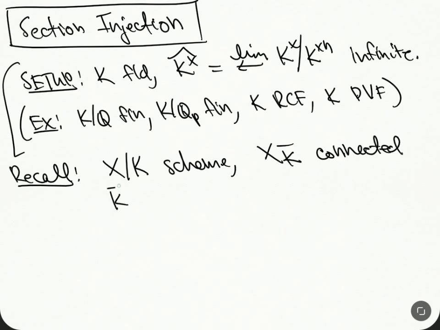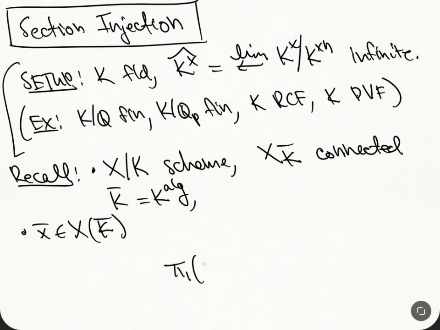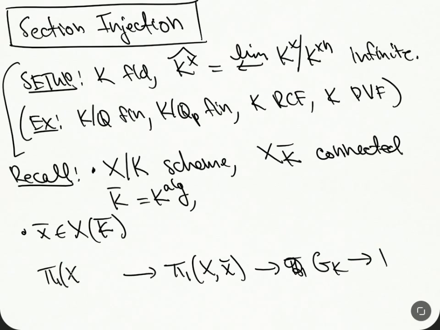Here K bar is the algebraic closure of K. If we take x to be a geometric point in here, we have an exact sequence of fundamental groups, mapping to pi 1 of, let's do this, G_K, the absolute Galois group of K. The geometric fundamental group is the kernel of this map. Like so.